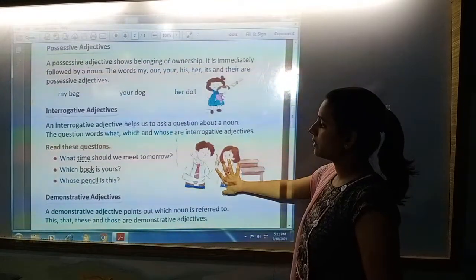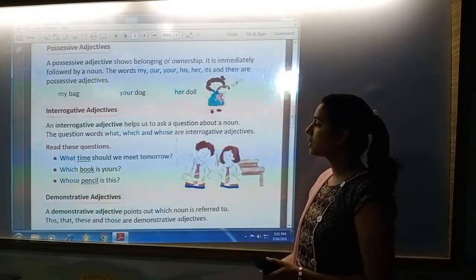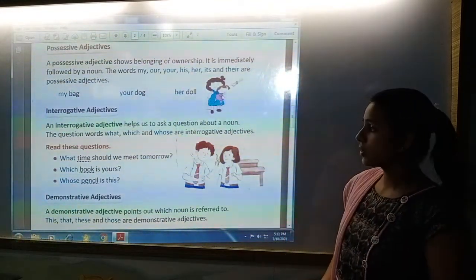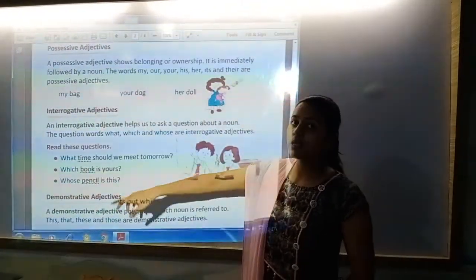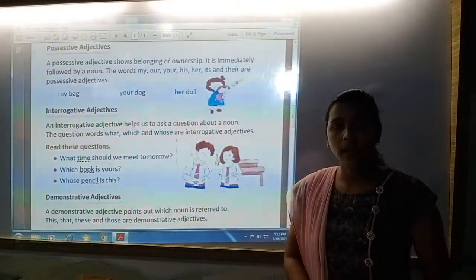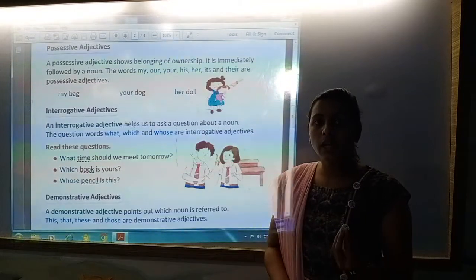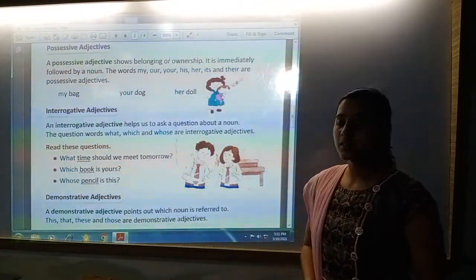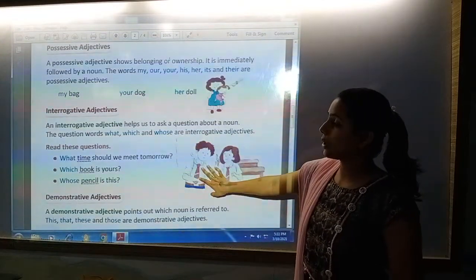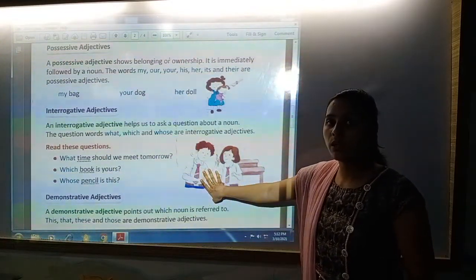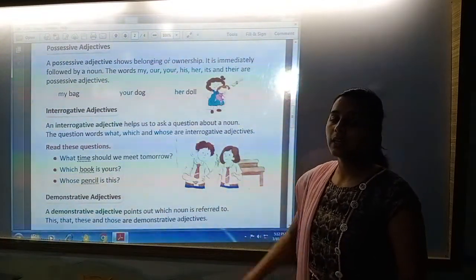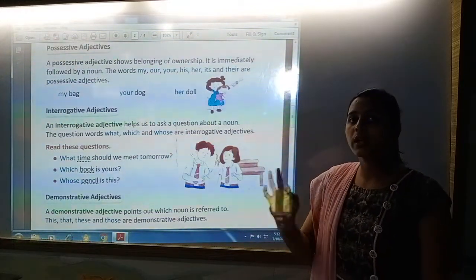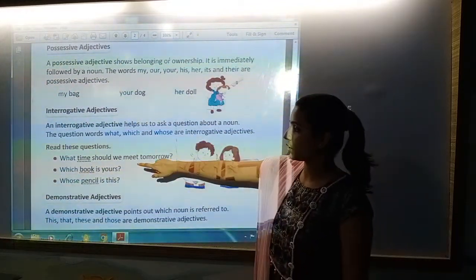Let us see the example. What time should we meet tomorrow? So here the noun is time and the interrogative adjective is what. Next one, which book is yours? Here the noun is book and the interrogative adjective is which.